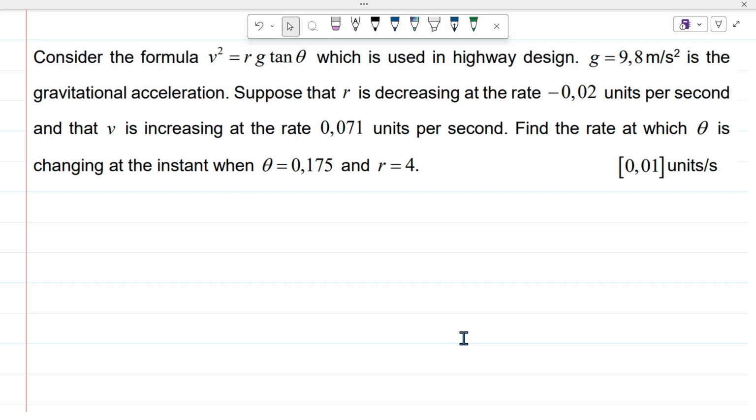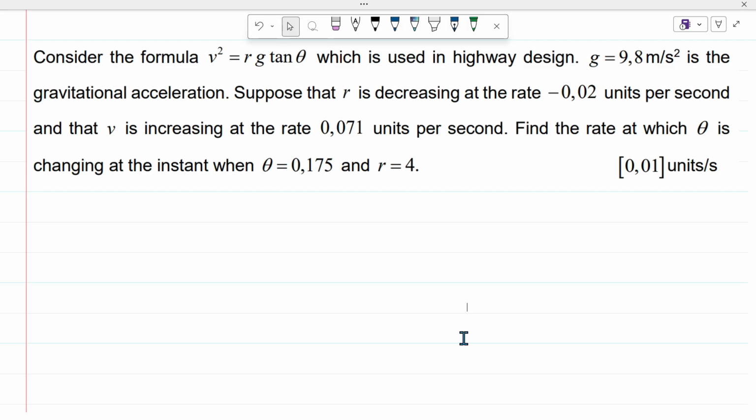Suppose that r is decreasing at the rate of negative 0.02 units per second, and that v is increasing at the rate of 0.071 units per second. Find the rate at which theta is changing at the instant when theta equals 0.175 and r equals 4.